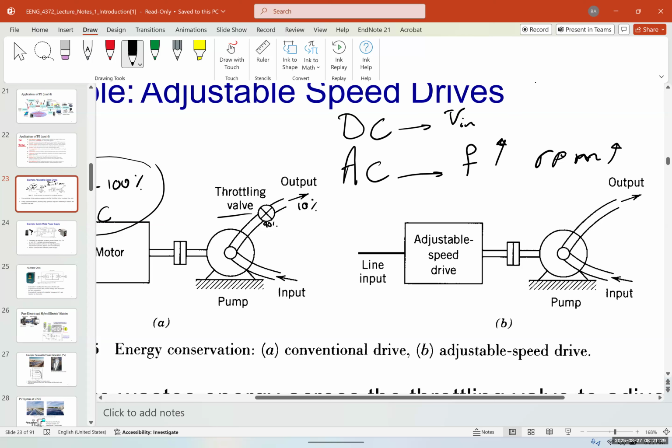Now, how can I change the frequency? So the equation is actually this. This is good for you to know. RPM is equal to 120 times the frequency F over the number of poles. We show it with P.